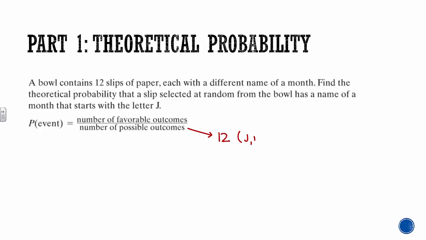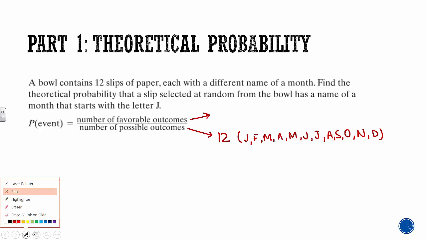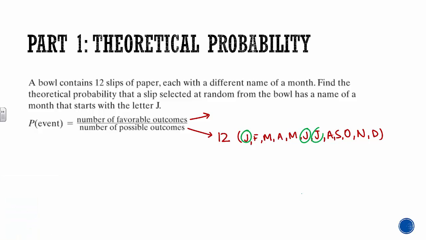We have January, February, March, April, May, June, July, August, September, October, November, December. 12 possibilities. The number of favorable outcomes are just the ones we want. So in this case, the ones that start with J. We have January, June, and July. That's it. So there's only 3.